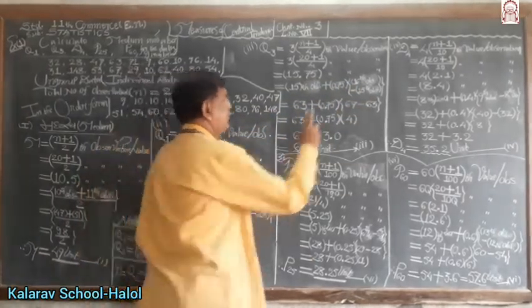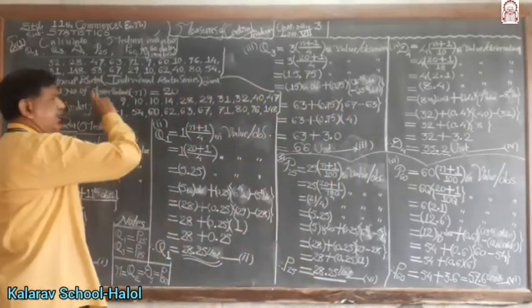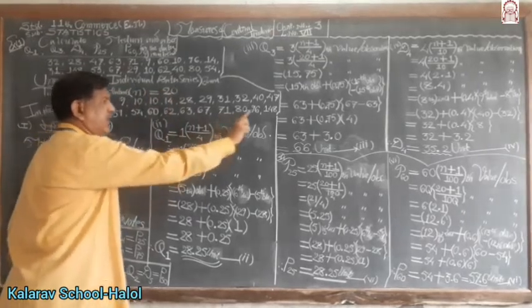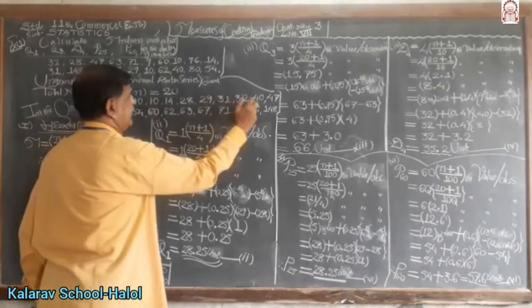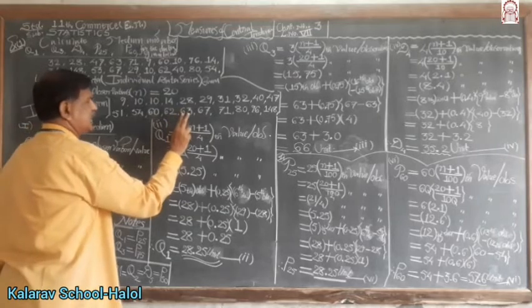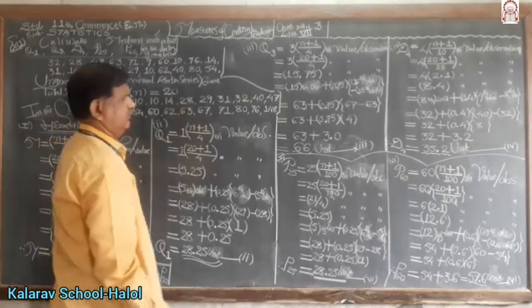Now 15th value, 15th observation. After arranging the data, this is known as magnitude series. Data are arranged in the ascending form: 1, 2, 3, 4, 5, 6, 7, 8, 9, 10, 11, 12, 13, 14, 15th value 63, 16th value 67, right?